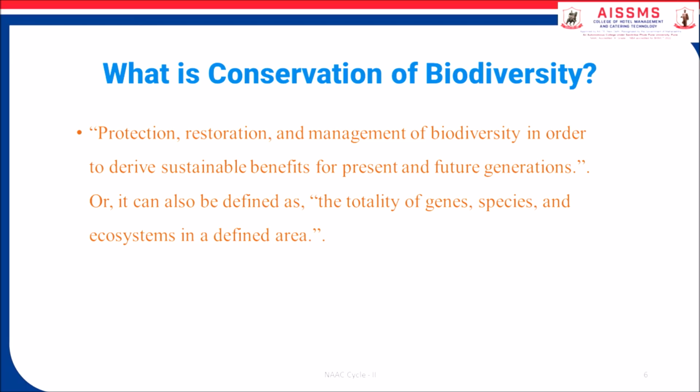Conservation is the protection, restoration, and management of biodiversity in order to derive sustainable benefits for present and future generations, or it can also be defined as the totality of genes, species, and ecosystems in a defined area. So here, biodiversity conservation refers to the protection, preservation, and management of ecosystems and natural habitats, and ensuring that they are healthy and functional.